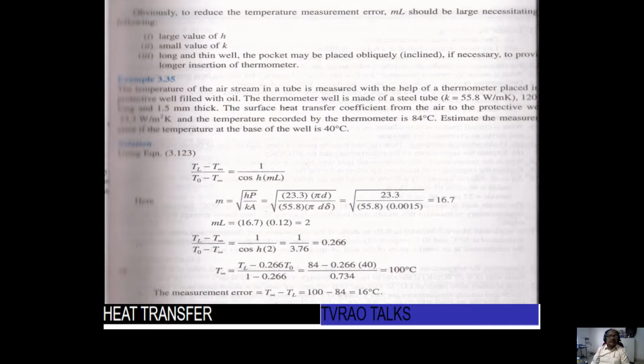The estimated temperature at the base of the well is 40 degrees.